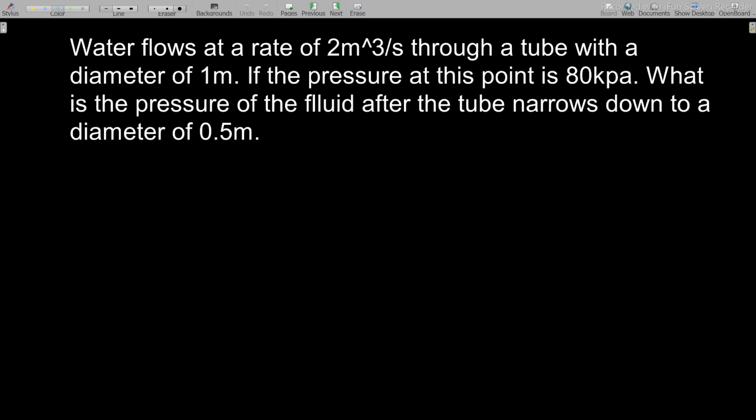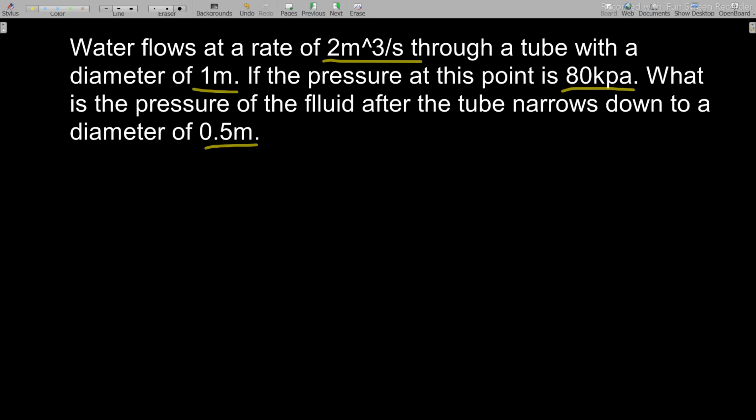Let's underline some key points here. It flows at a rate of 2 meter cube per second. The pressure at that point is 80 kilopascal, and it narrows down to 0.5 meters diameter, and the first diameter was 1 meter.